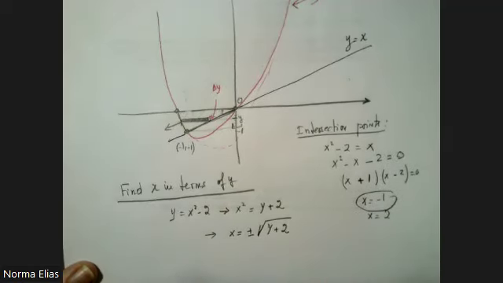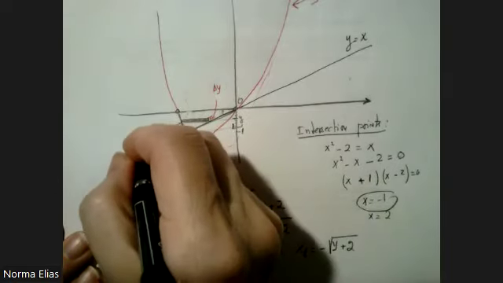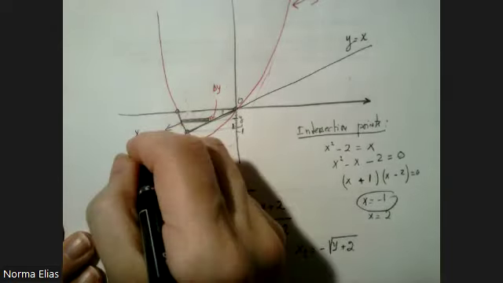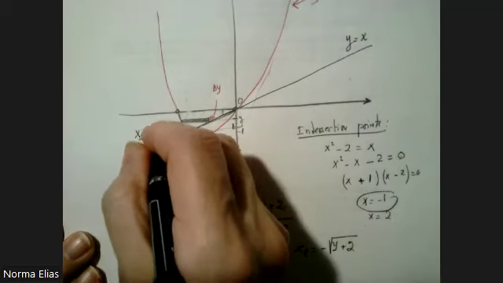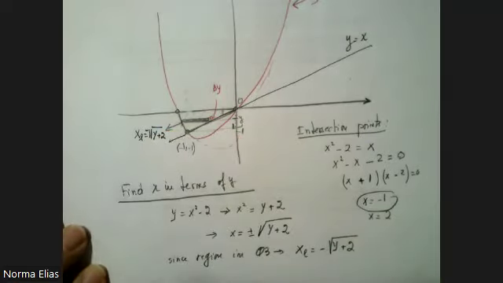So since my region is in quadrant 3, it means my x, which is the left for us now, is the minus square root of y plus 2. Okay, that's the one we're interested in.